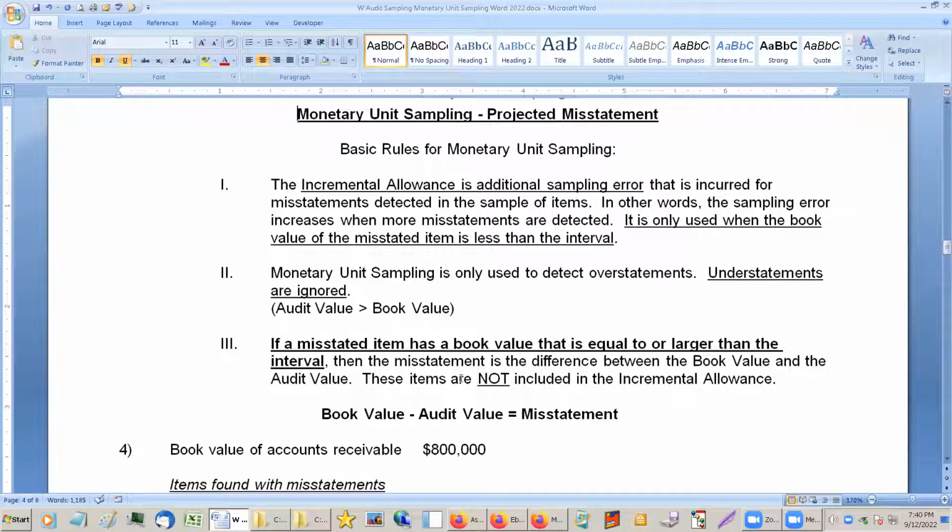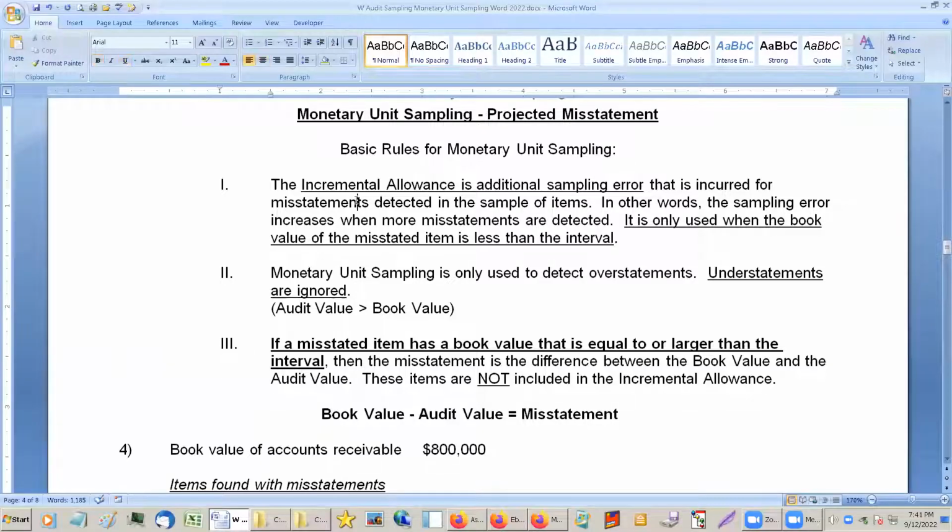There are some more rules for what we do when we find things that are wrong, because some things are bigger problems, some things are smaller problems, and some things aren't problems at all when we come to this kind of sampling. So that's where you come into these 3 rules.